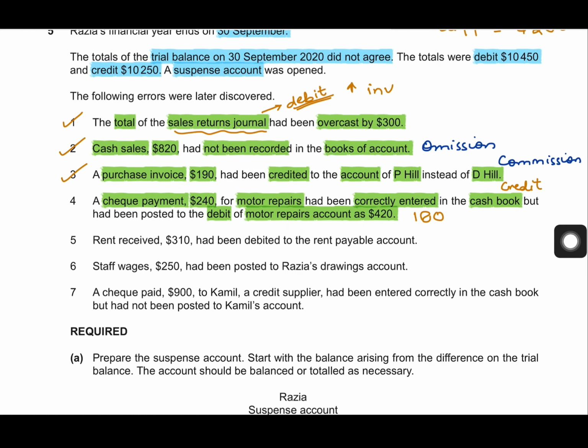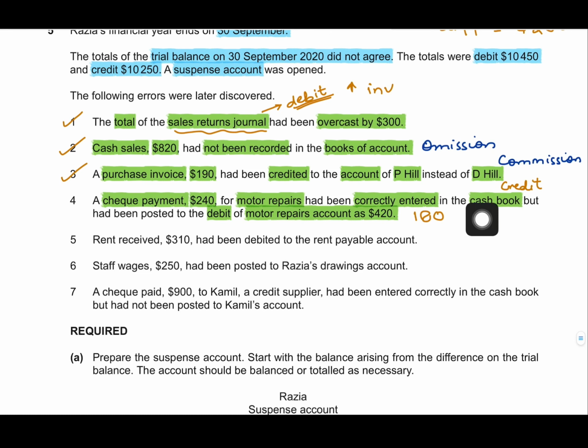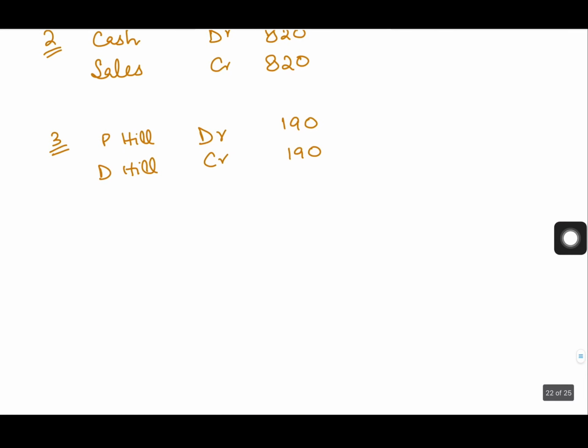Okay. So now in order to correct this error, first of all, the cash book will not be used to make the correcting entry because there is no error in the cash book, just in the motor repairs account. Right now it is overstated. Now in order to bring the balance from 420 to 240 in an expense account, we will be crediting this account, right? This is error number 4.